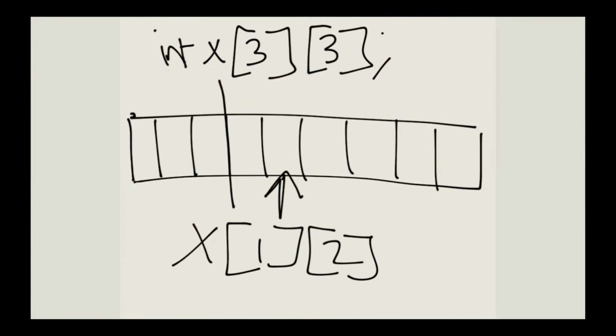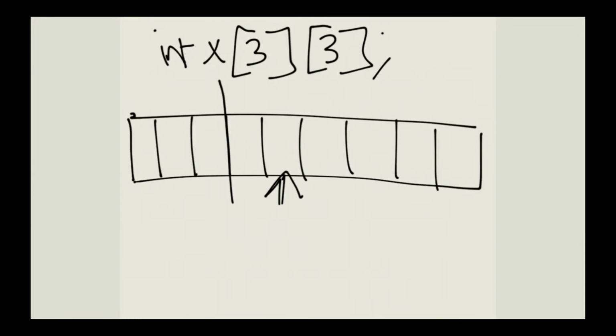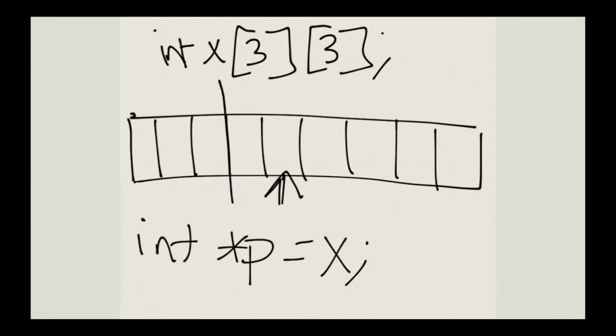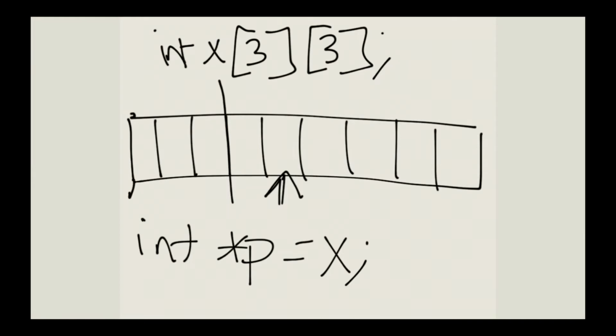And so if I wanted to assign a pointer to that array, I would say int star p equals x. It's rough saying the type of x since it is just a symbol and not an actual variable, but it is just an int star. x is just a pointer to the start of this. Okay, and so I won't be able to access bracket 1, bracket 2.